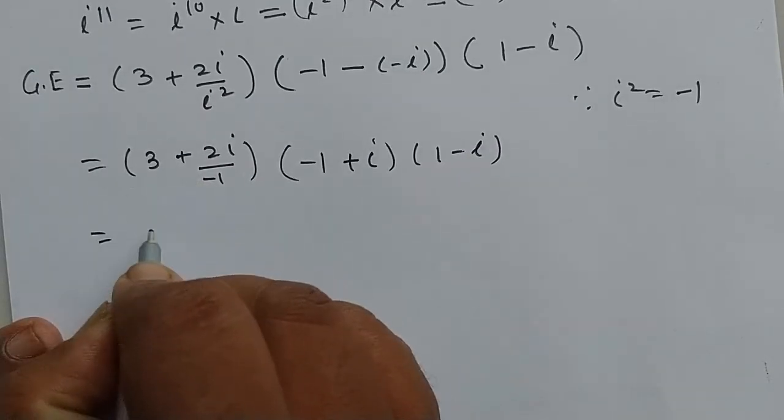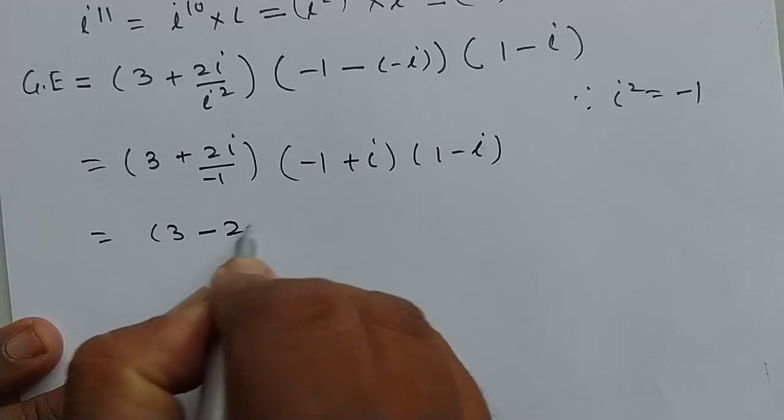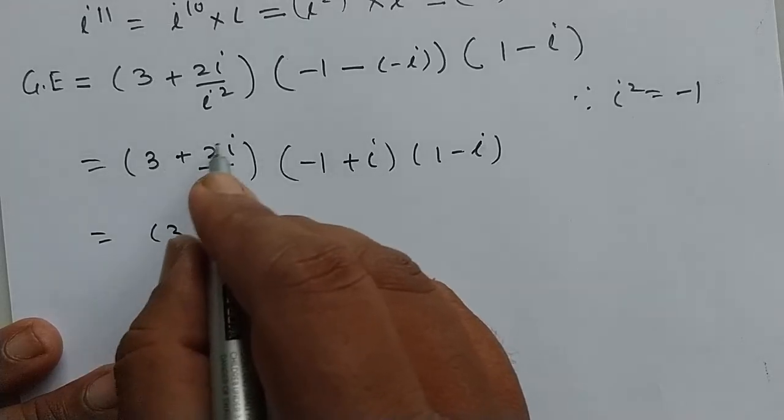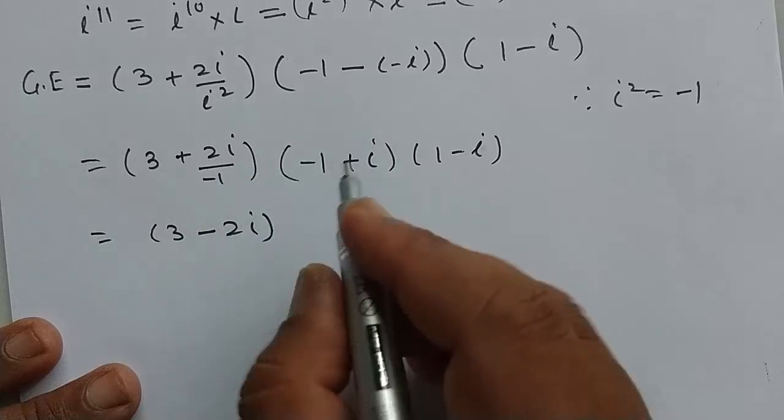Which is equal to 3 minus 2i, minus 1, we multiply it to the numerator and denominator.